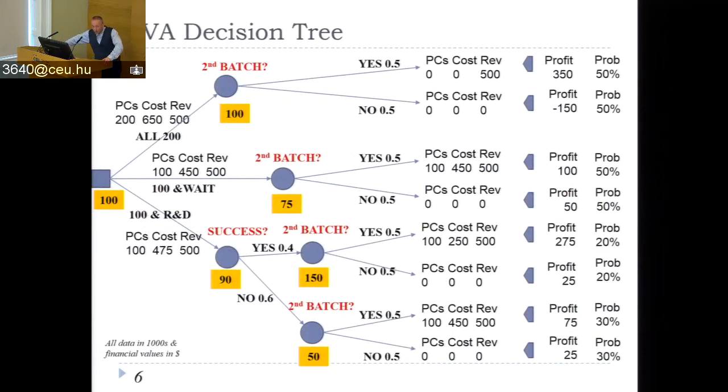If they don't win, they will not ask for the second batch. So if this internal source can tell me whether Boston Dynamics will receive the tender, I will know at the time of manufacturing 100,000 whether I should manufacture the additional 100,000 or not. What is the value of information?